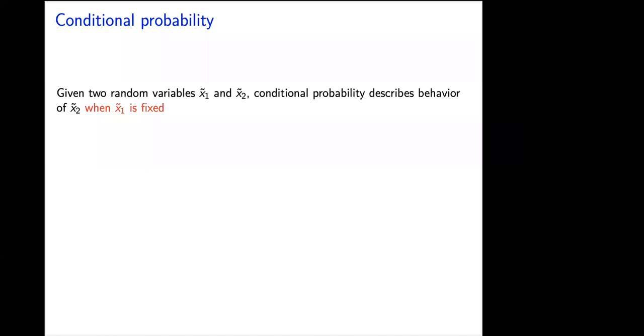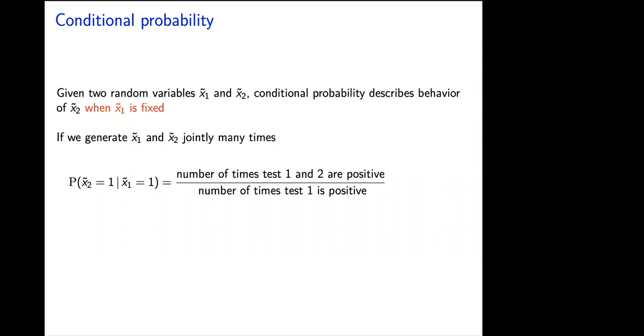Okay, that's the joint probability. So what is happening when we're looking at them together? What happens if we were to fix X1 at a particular value? We say X1 is actually positive. Then what happens to the probability of X2?